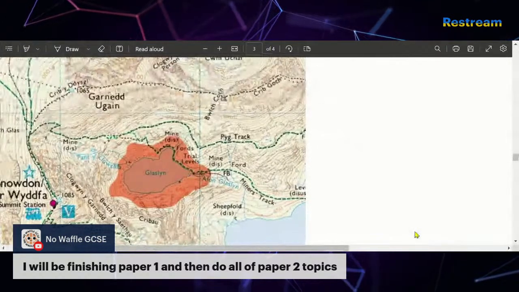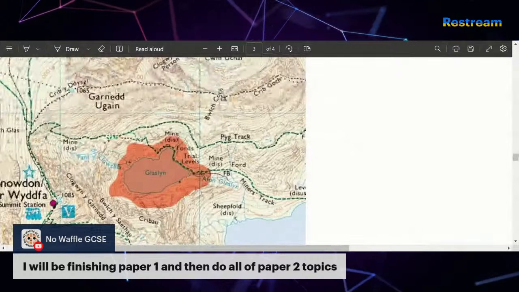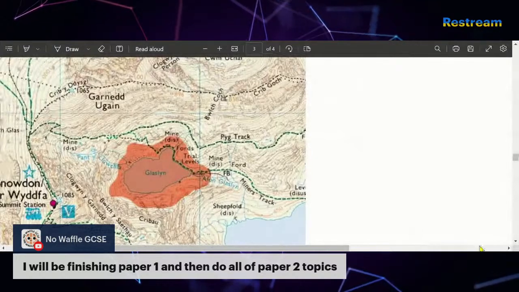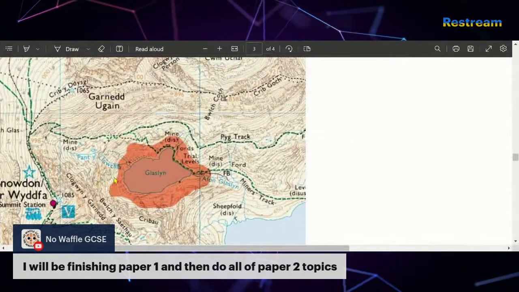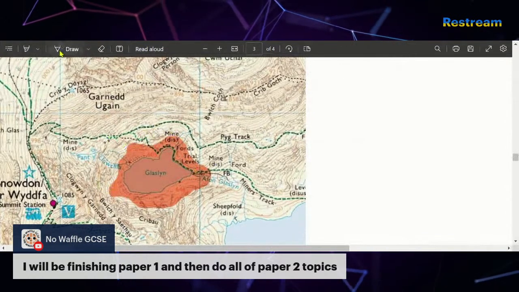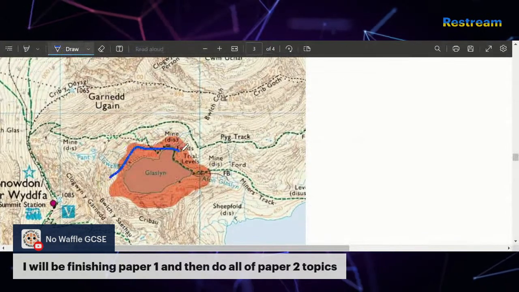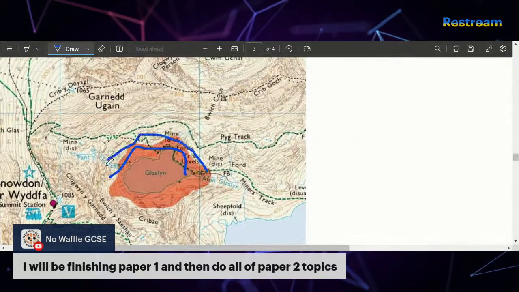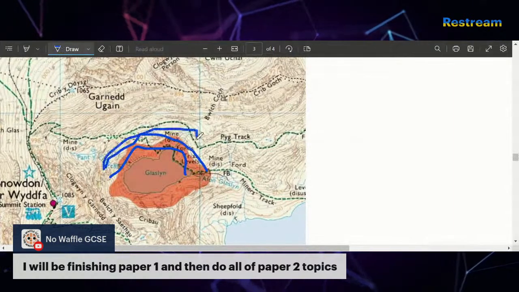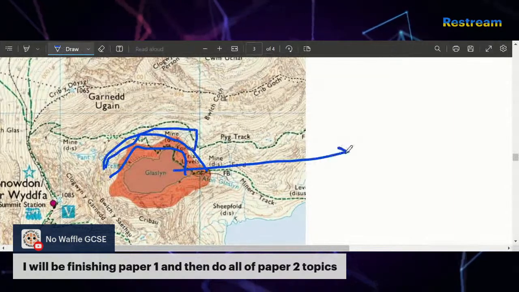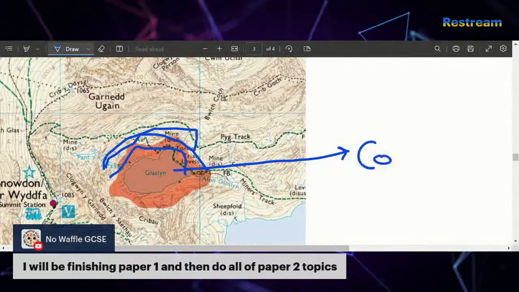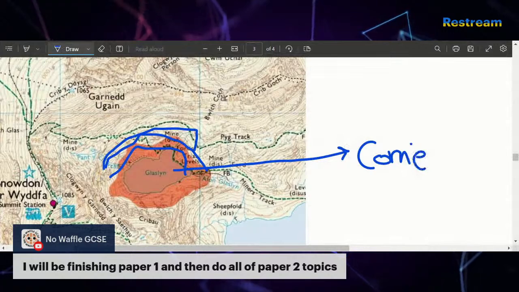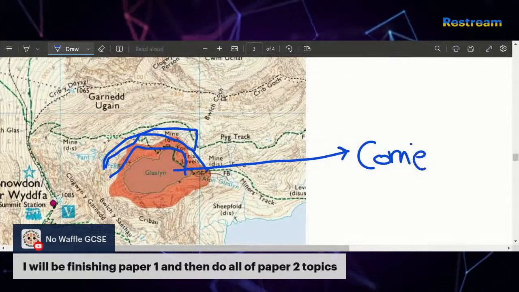It has tightly packed contours in a U shape around it. Contours are the lines around it, and you can see that the lines are very tightly packed around it, so we can tell that this is a corrie, or a cirque, or a cwm, whatever it's called in the exam.